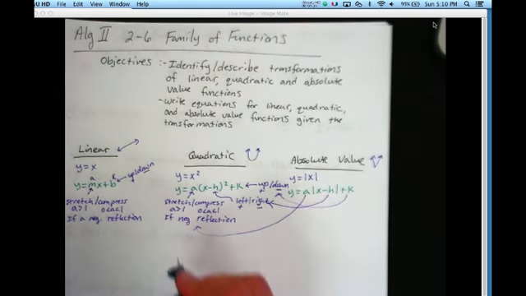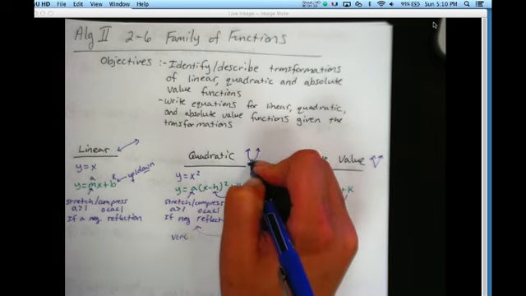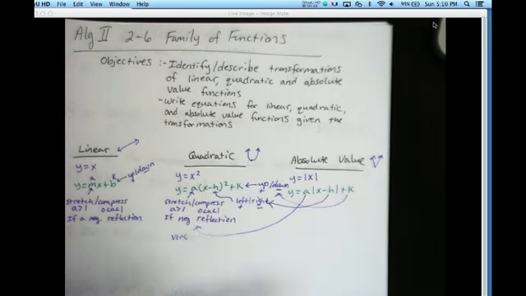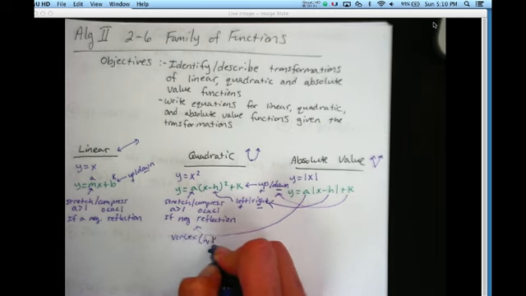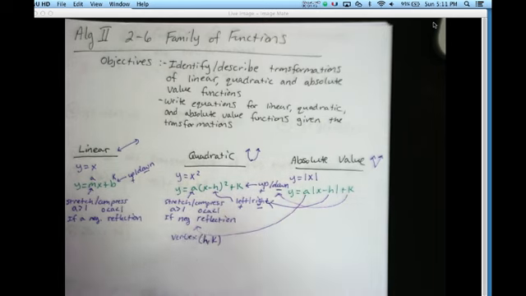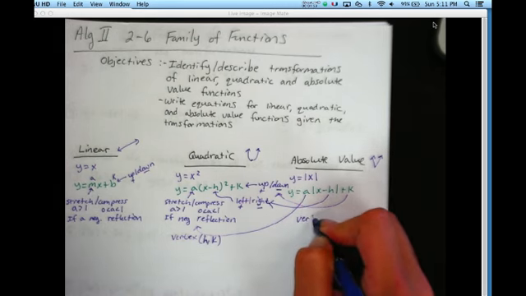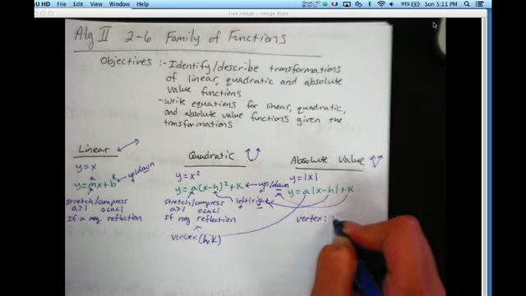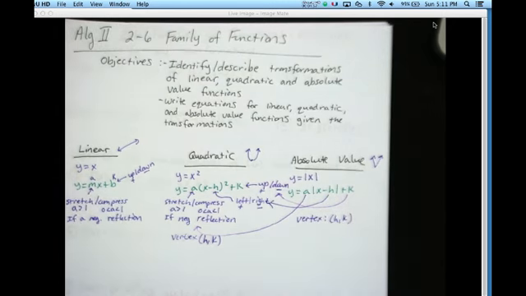For the quadratics, the vertex, so the lowest point on that U, is still going to be (h, k), and remember it's the opposite value of h. And our vertex for an absolute value is also (h, k). This is the starting point if you want to graph them.